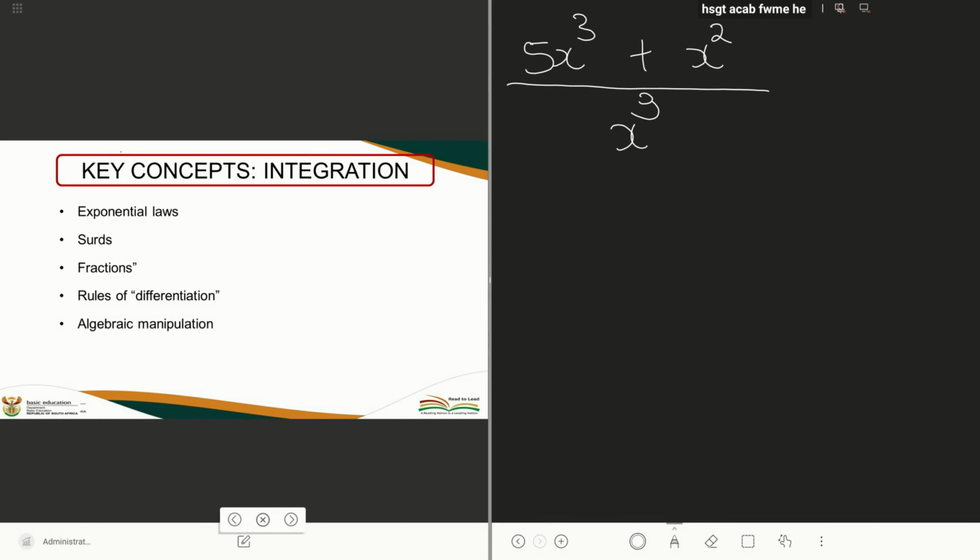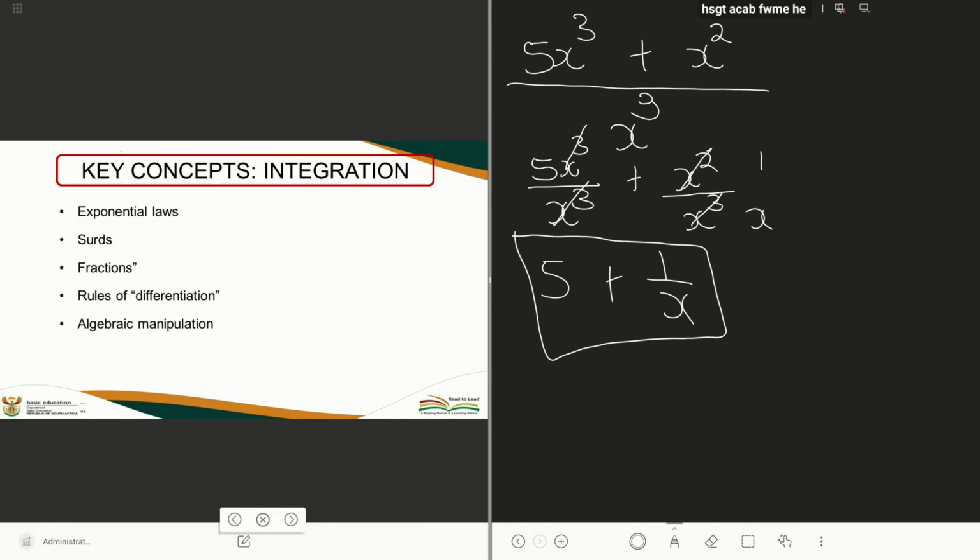Then you can write this as 5x cubed divided by x cubed plus x squared divided by x cubed, wherein this and this will divide, and you'll remain with 5 plus 1 over x. In this simplified form, we can now integrate this.